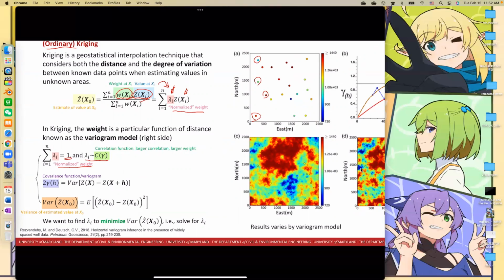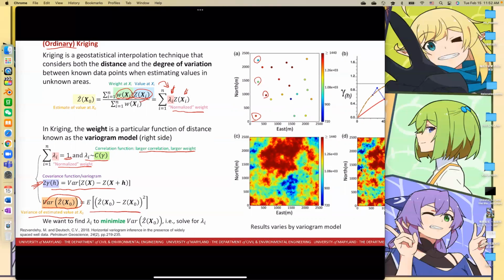Intuitively, if we have a larger correlation between points, then the weight will be larger. We also have this semi-correlation function, or variogram, like we have already constructed here. And here shows the variance of the estimated value at x0. So the variance can be expressed as this one.